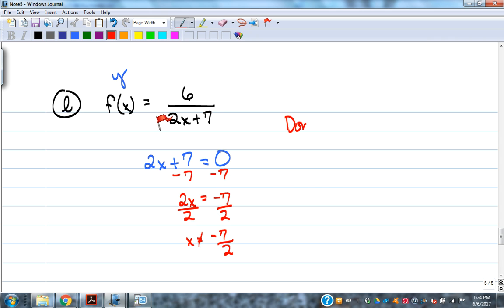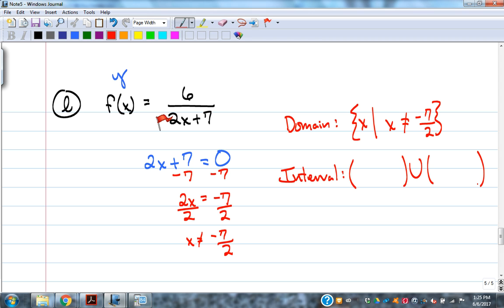So our domain will be x such that x does not equal negative 7 over 2. What's the interval notation for that? And I'll kind of help build it here for you.